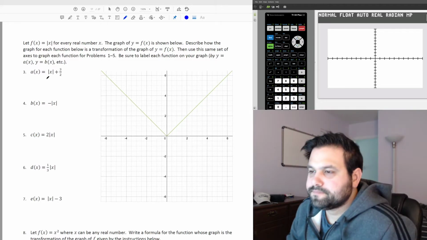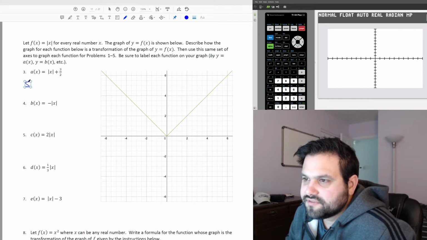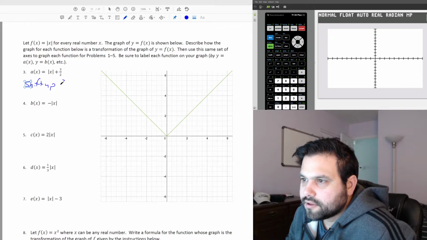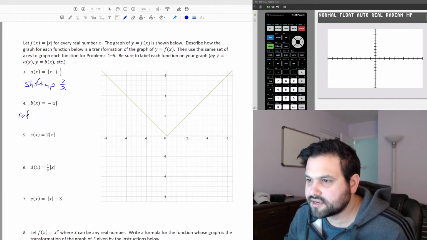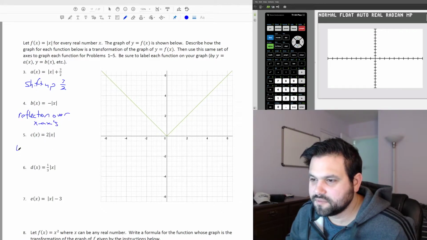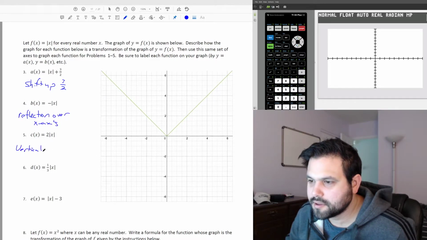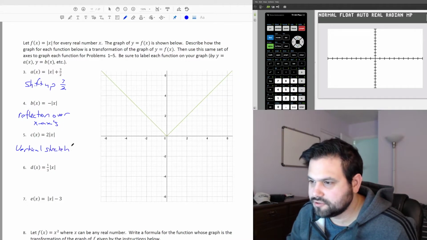All right, so this first one is a shift up 3/2. Next one is a reflection over the x-axis. This one's going to be a vertical stretch by a factor of 2.